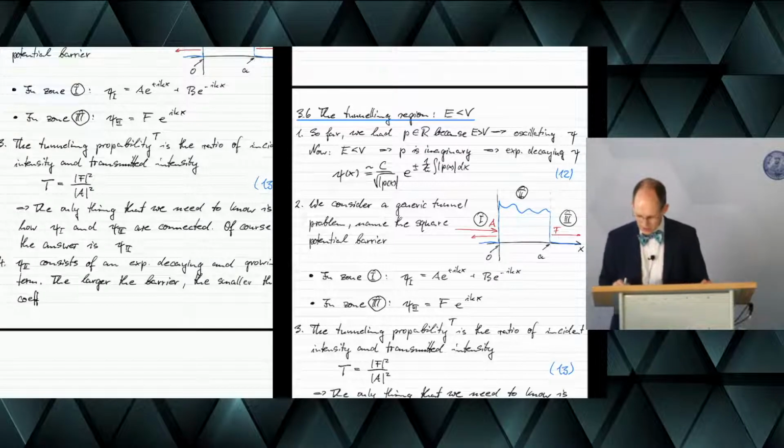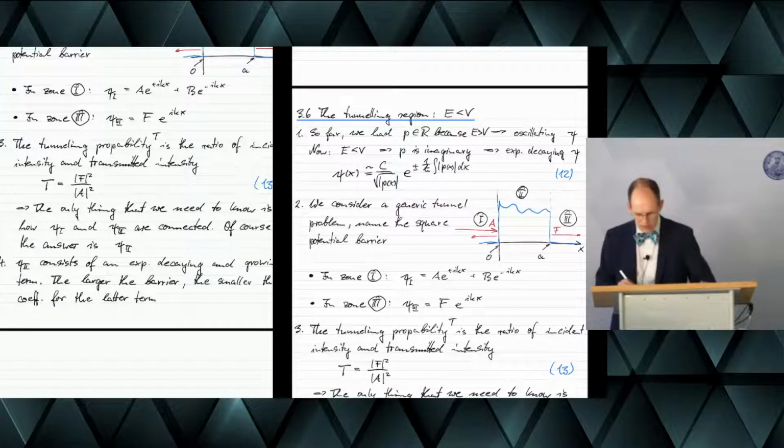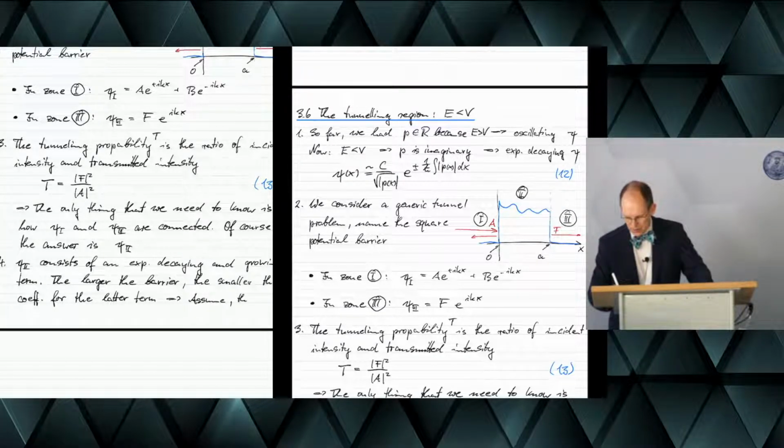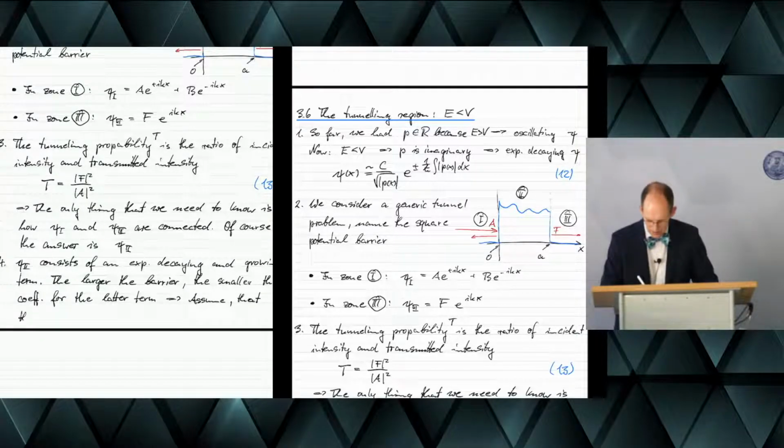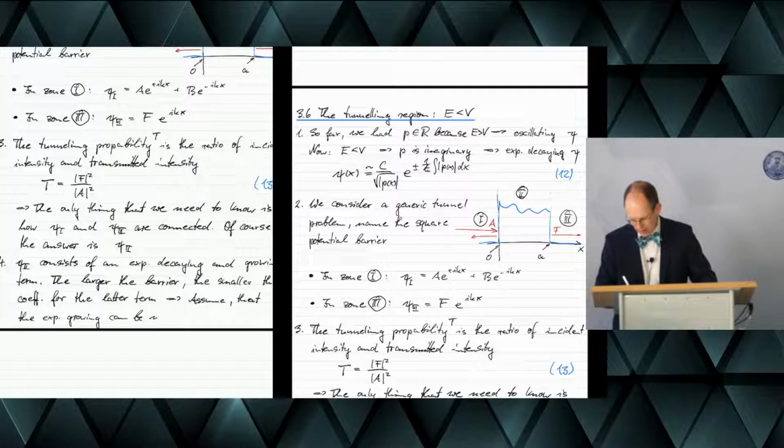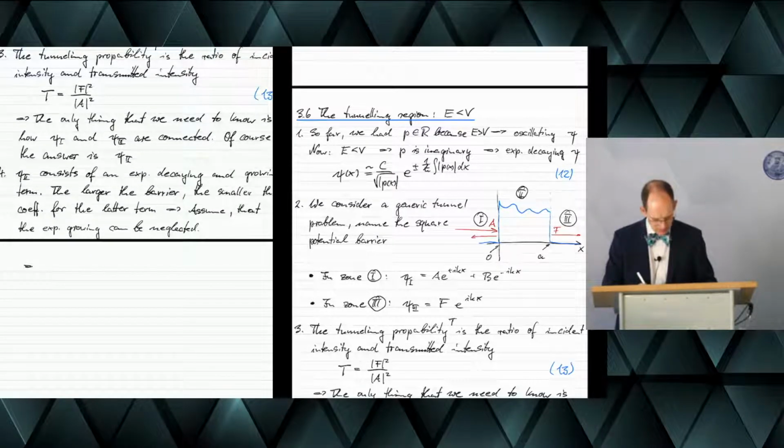So the larger the barrier, the smaller the coefficient for the latter term, for the exponentially growing term, and this means that we assume that the exponentially growing term can be neglected.